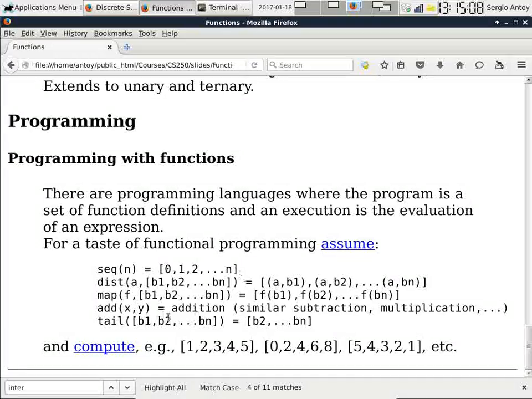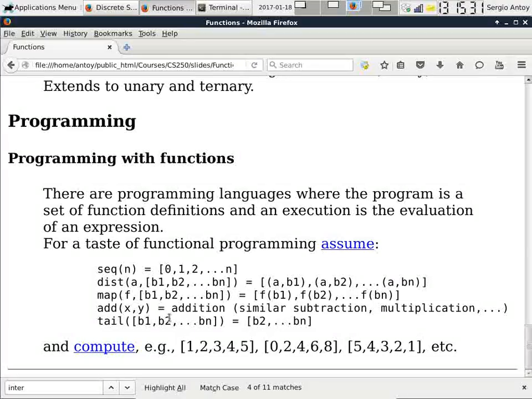Then you have map. Map takes a function and a list, and we give you the list where the function is applied to all these elements. So let me make an example of this so you understand the behavior.